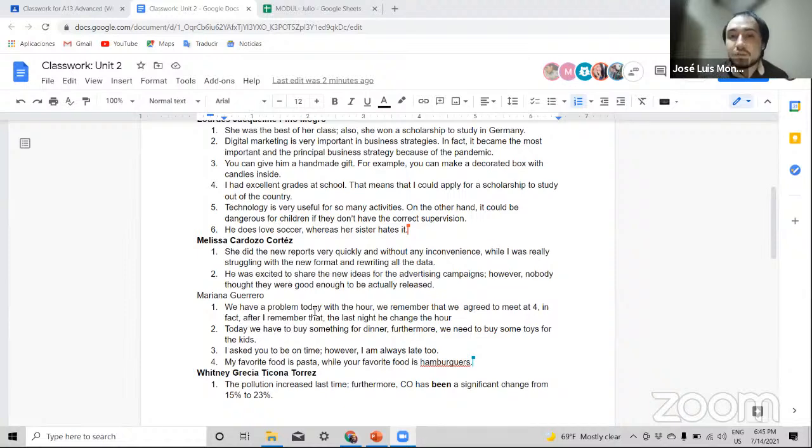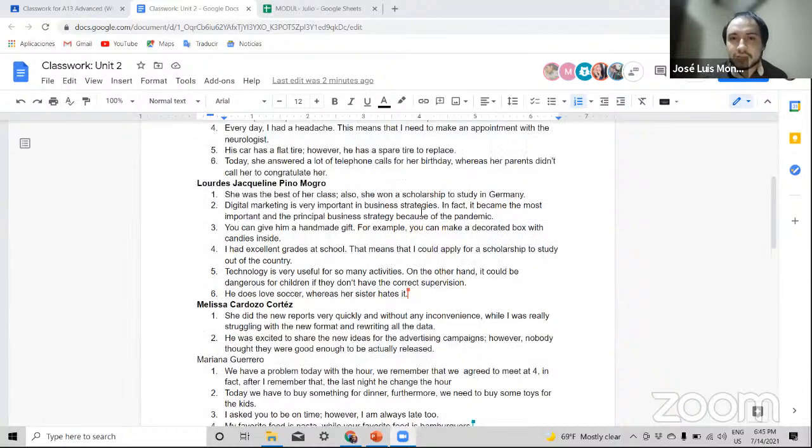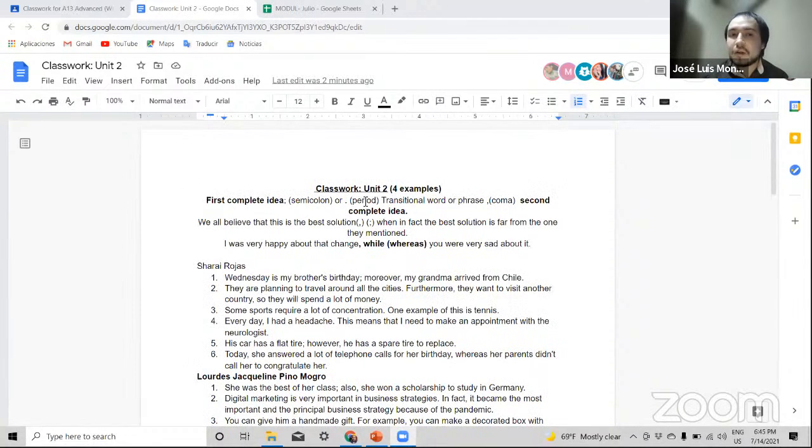No, actually, if you look up here, all right, this is the formula, right? And it says semicolon or period. So actually with, however, Melissa, you can use period. And it depends on what? Actually, it depends on two things.